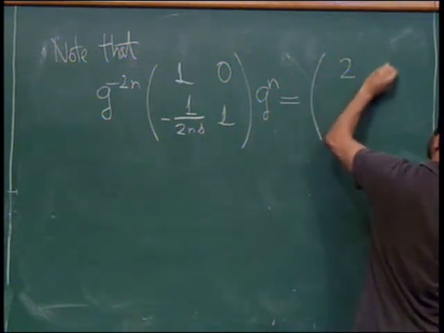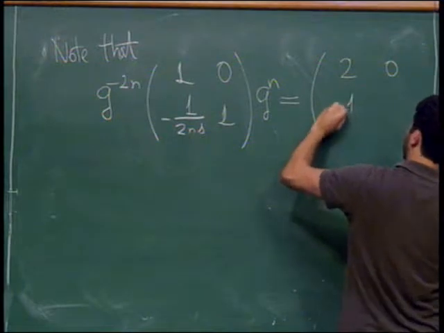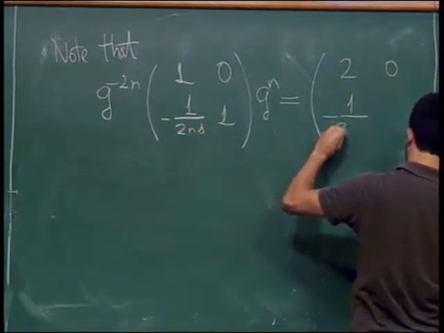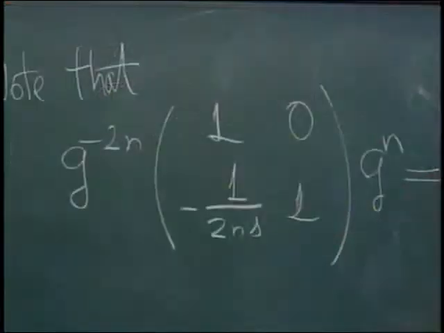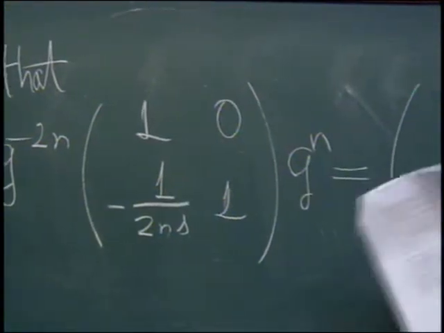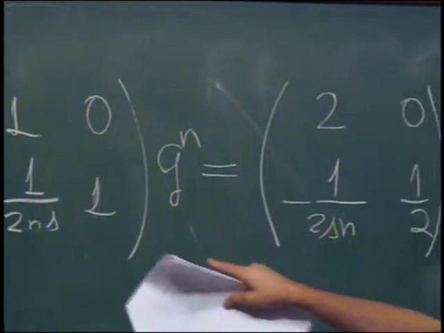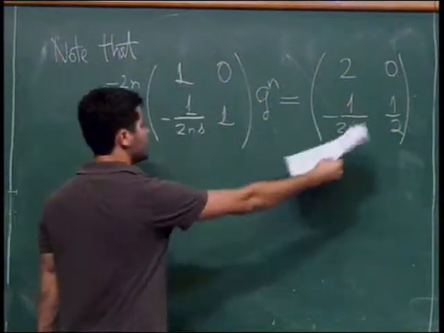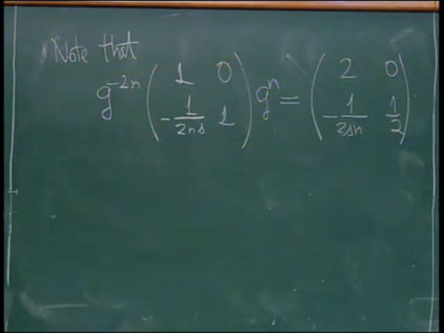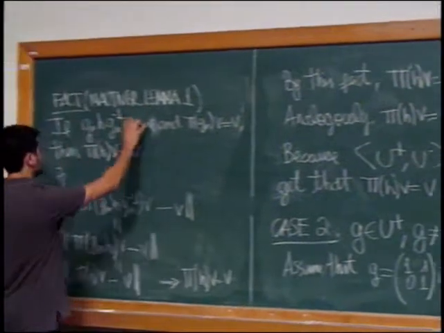This gives you 2, 0, minus 1 over 2Sn, 1/2. Everything here is well defined because S is not 0. And if you calculate using that G is equal to that, you get that this product here is equal to this. So we are in a similar situation to this.